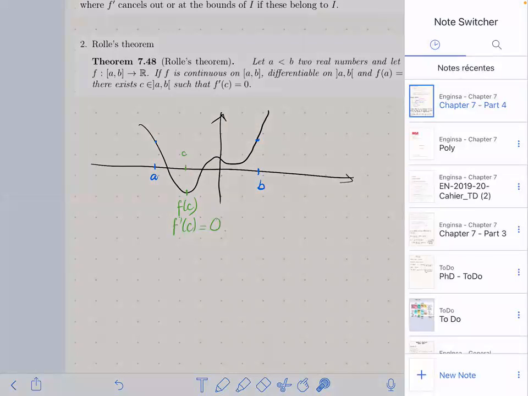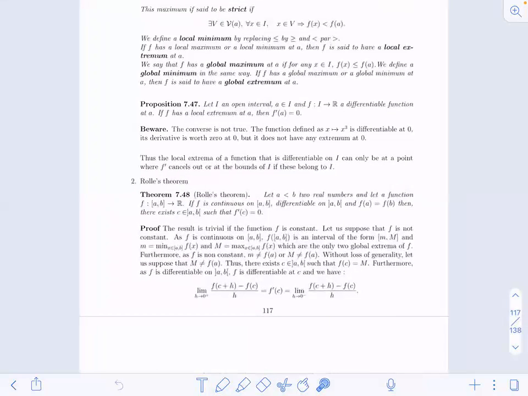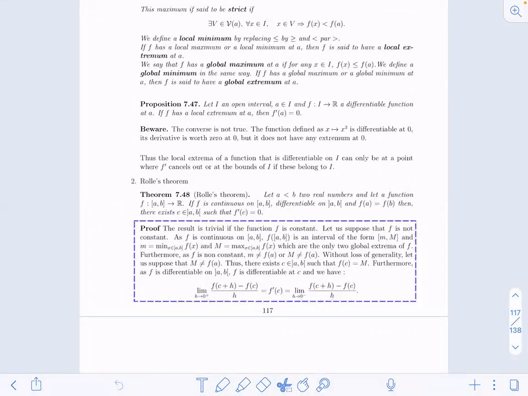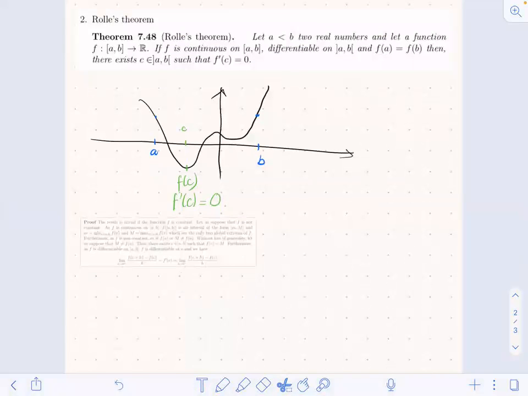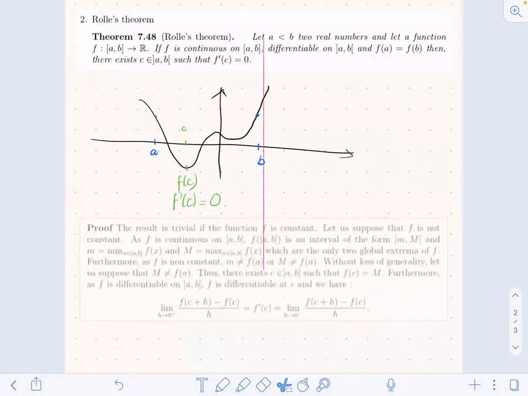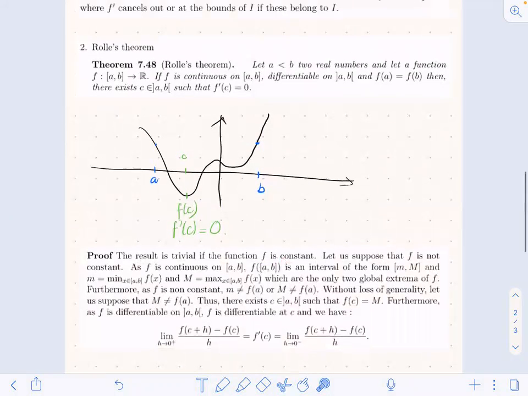So we can look at the proof, which is in your notes, and I can comment on it a bit. Let's have a look at how it's proven. The first thing, it says the result's trivial if the function f is constant. How is it trivial?